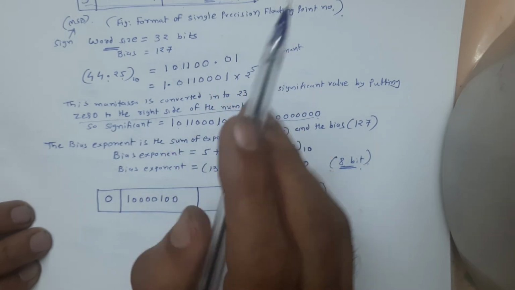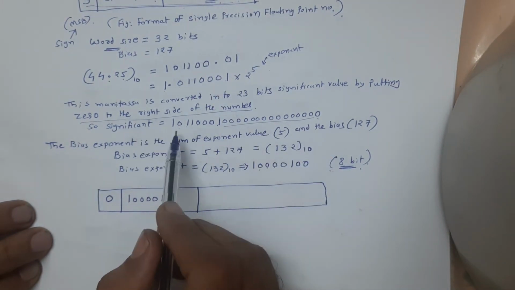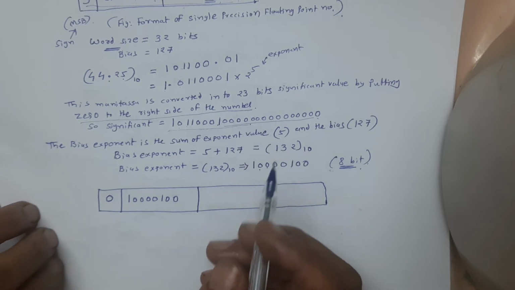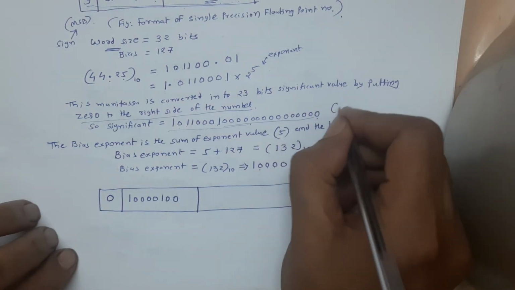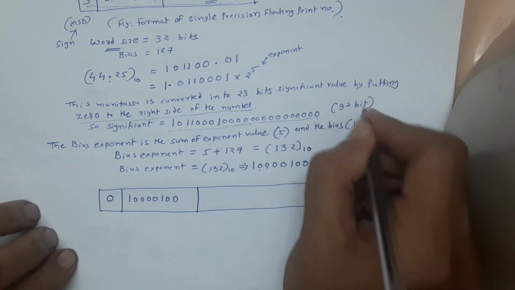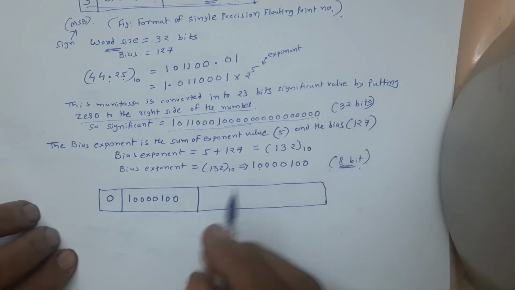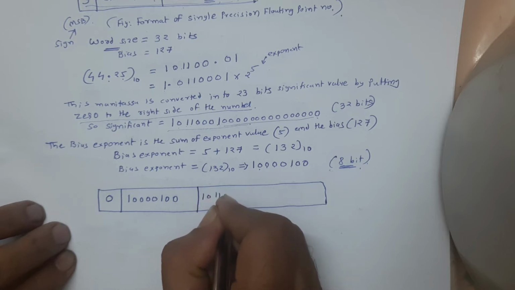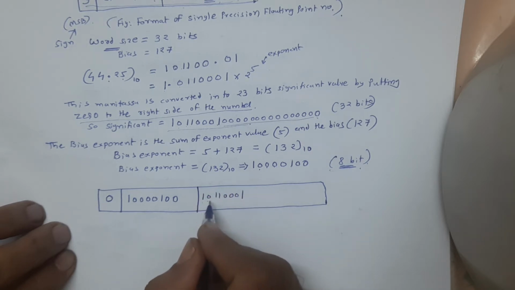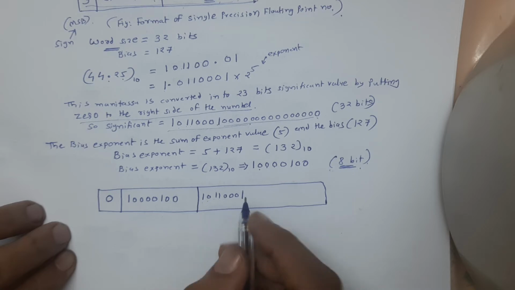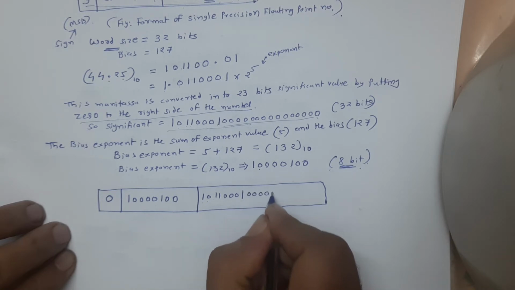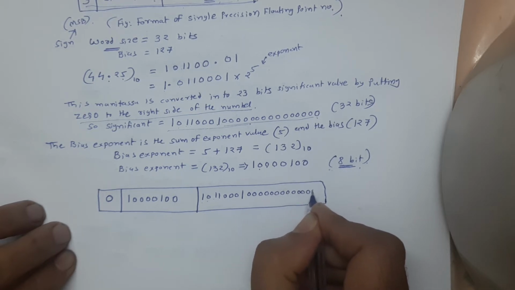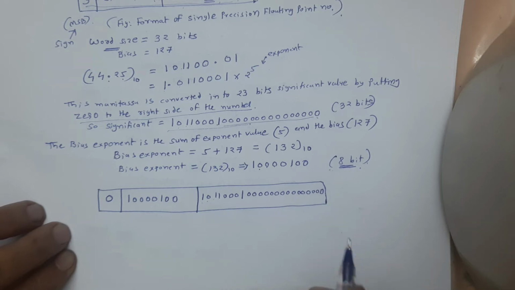significand. This is our significand. This total number is 32 bits. So write down the significand bits, 23 of them.